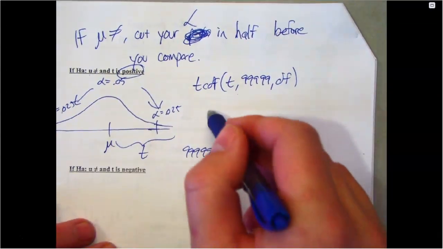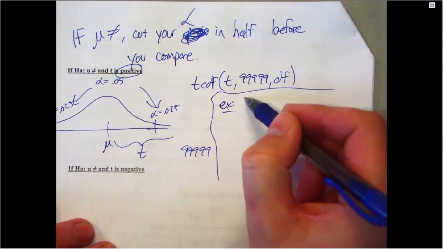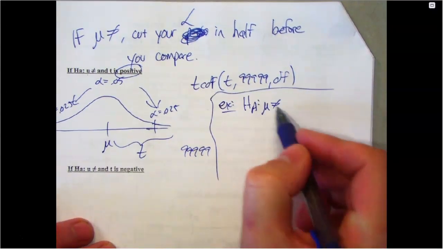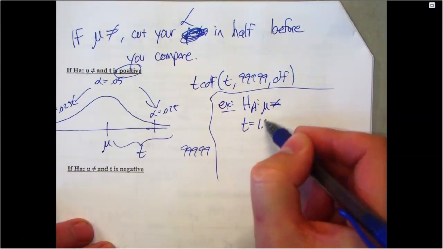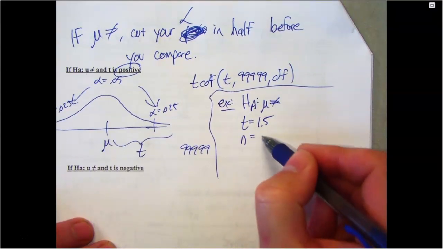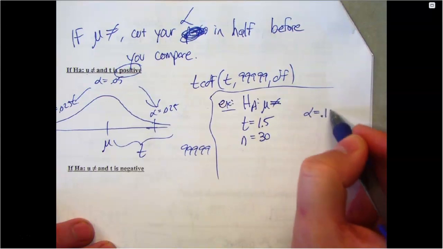Let's try an example. Let's say HA is mu is not equal, and T is 1.5, N is 30, alpha is 0.10.